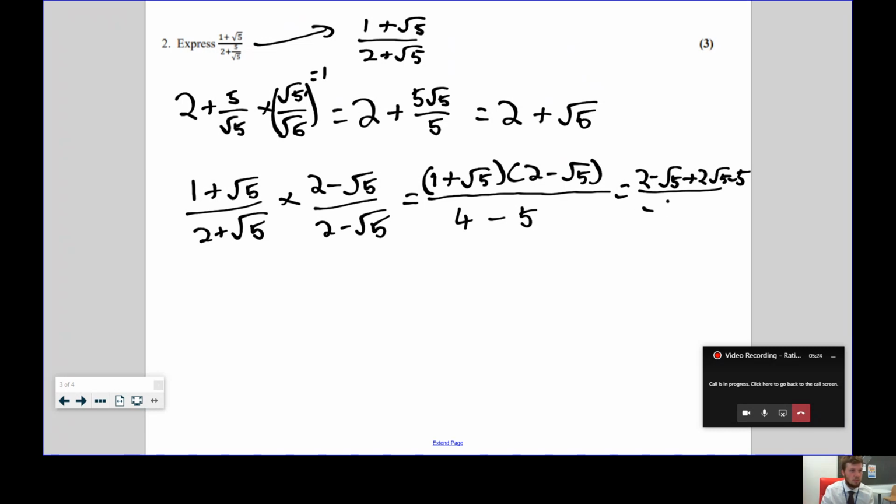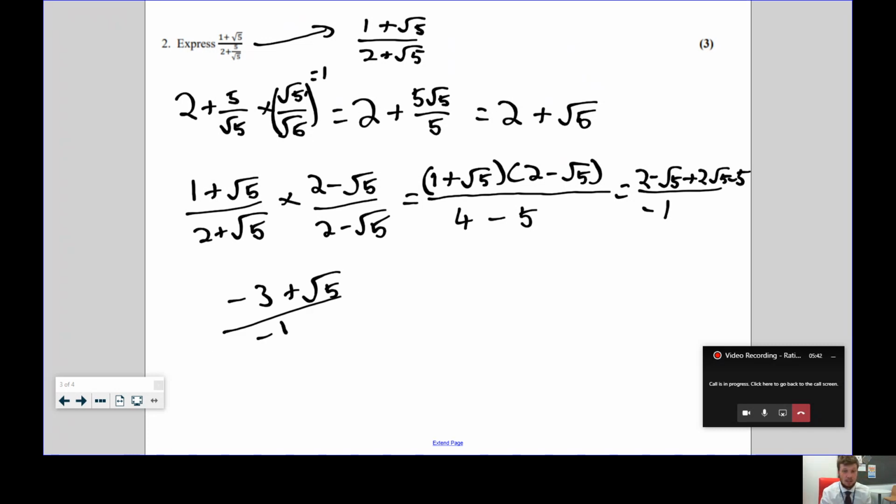Oops, sorry, it's negative 1 on the bottom, isn't it? 2 minus, sorry, minus this 5 is negative 3. Minus root 5 plus 2 root 5 is going to be plus root 5, and that's all over negative 1.